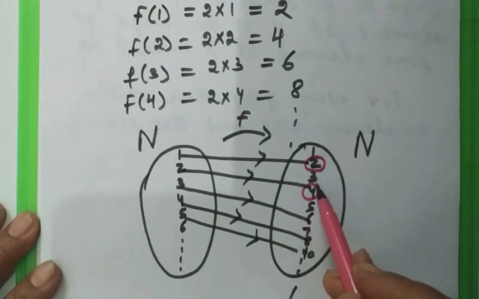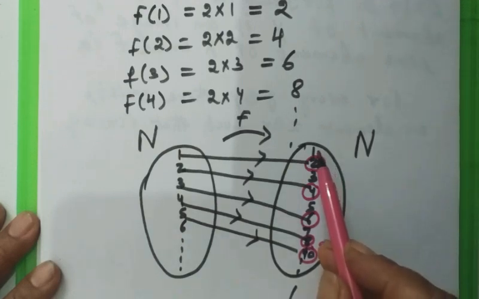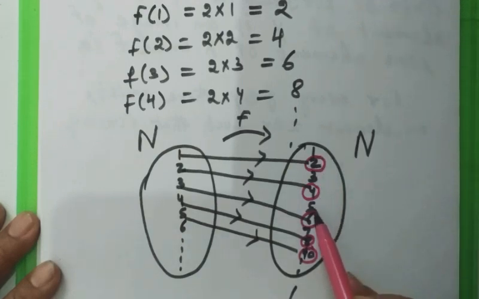What about 1 and 3? You are getting 6 as an image, 8 as an image, 10 as an image. What about 9? So, what about the numbers 1, 3, 5, 7, 9? Are they image of any natural number?